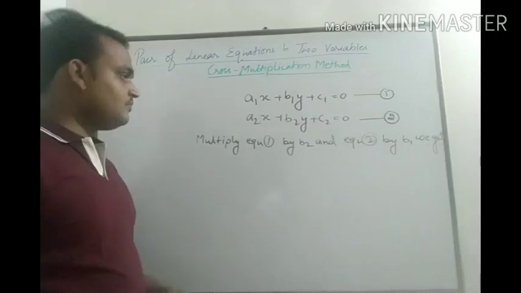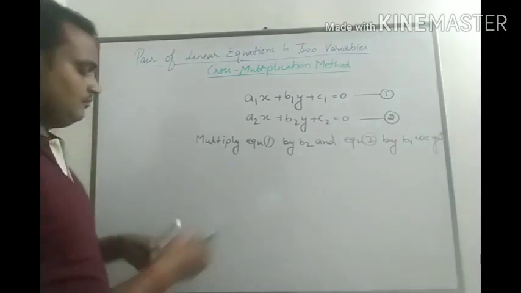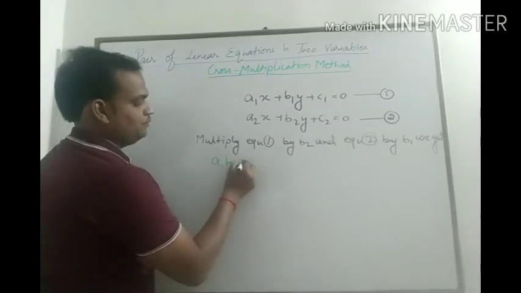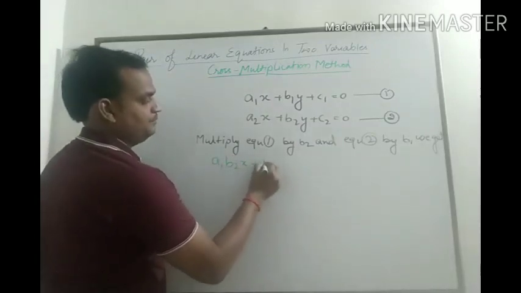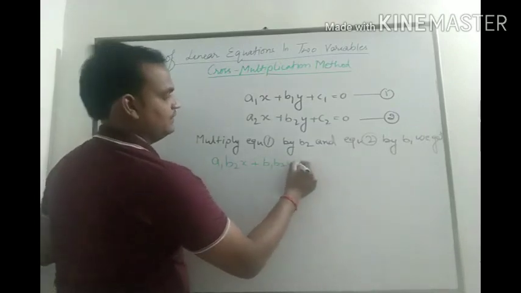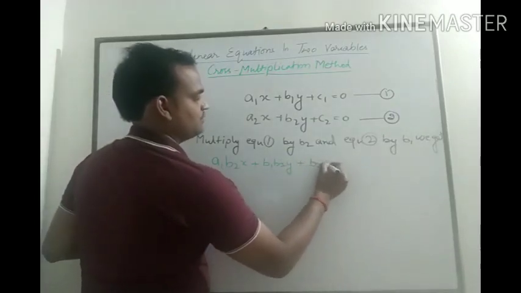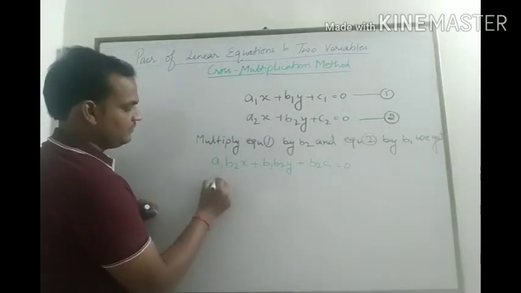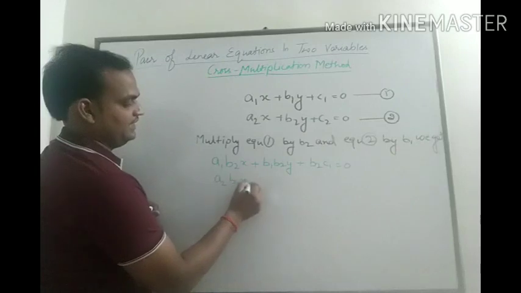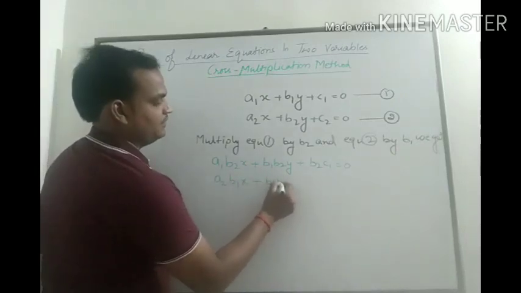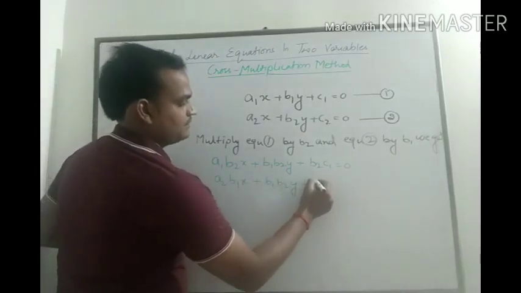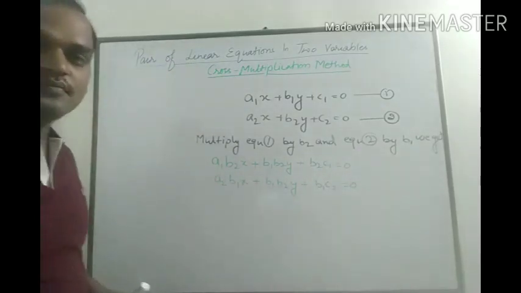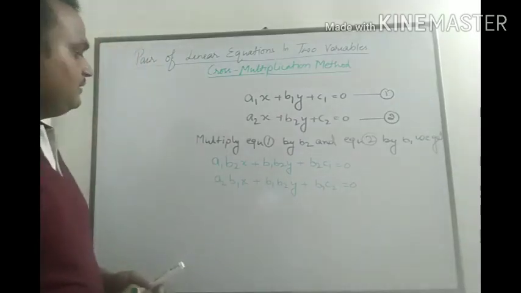What do we get? We get a1 b2 x plus b1 b2 y plus b2 c1 equals 0 and a2 b1 x plus b1 b2 y plus b1 c2 equals 0.